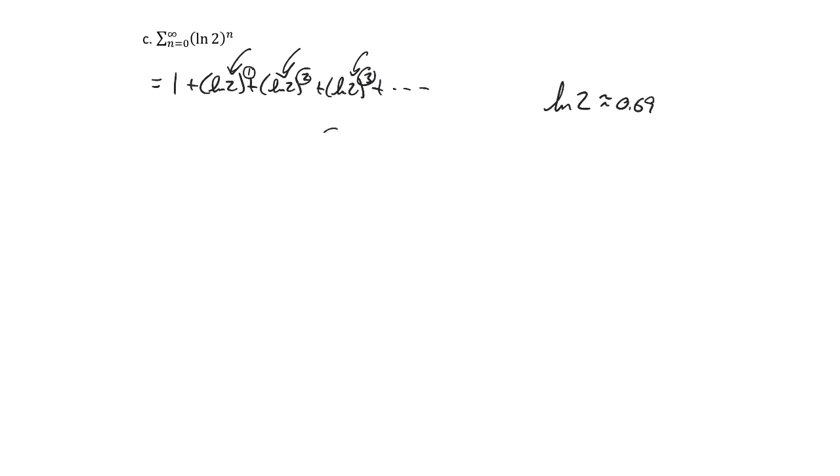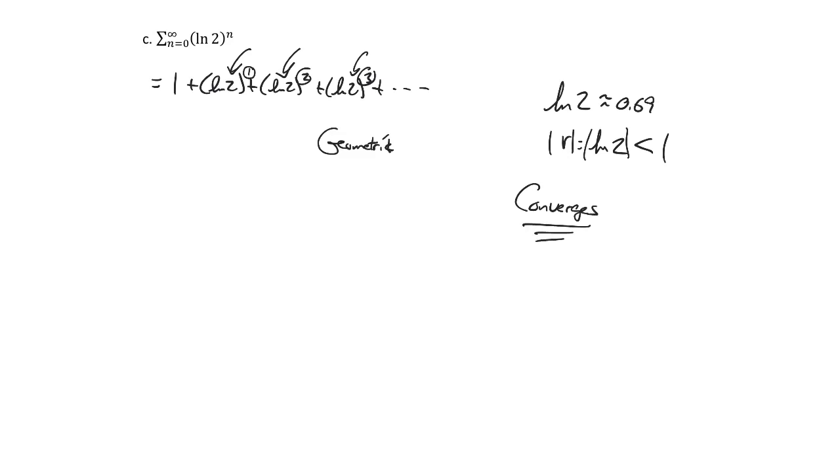And so this is, once again, geometric. The common ratio is the natural log of 2, which in absolute value is less than 1. So it converges. Awesome.